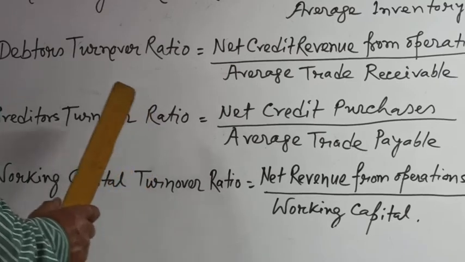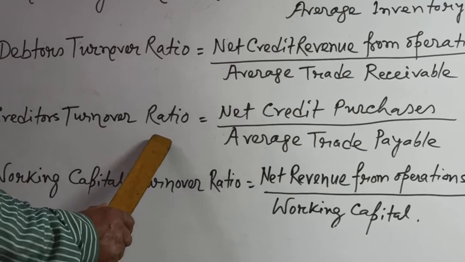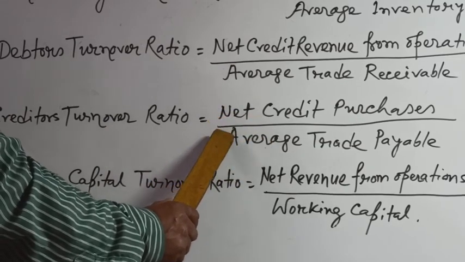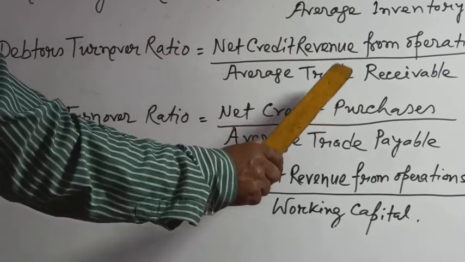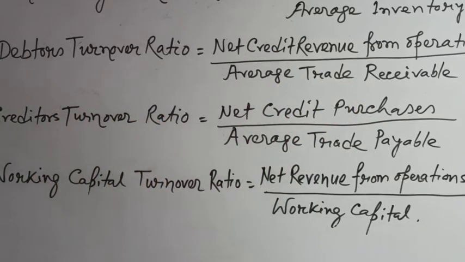Okay. Now, again there is also the average payment period: 365 divided by trade payable turnover ratio or creditors turnover ratio, or 12 months divided by trade payable turnover ratio.